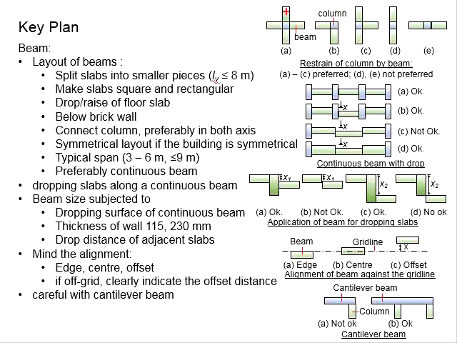Therefore, you will like the beams to restrain columns in both directions. It's either all four sides you have beams, or you have beams in two directions. It may not be all four sides, but at least there are beams in both x and y directions.